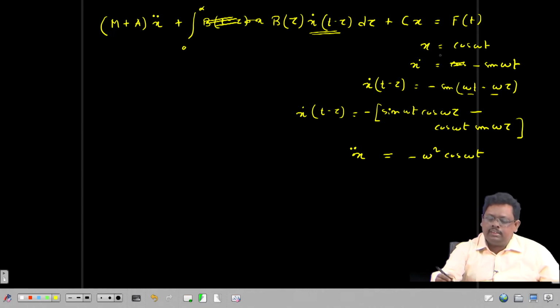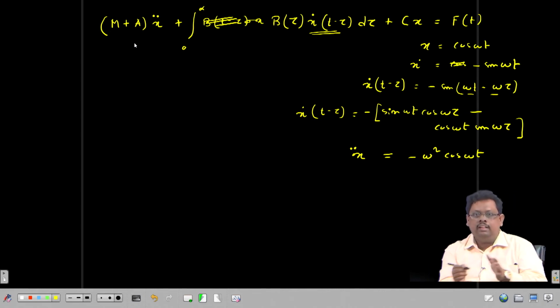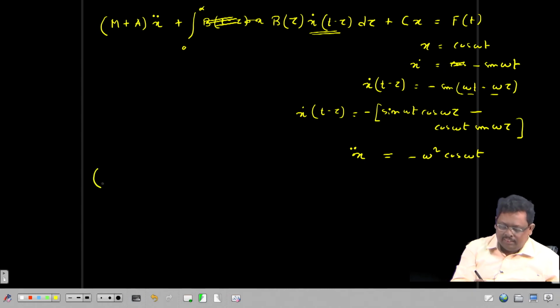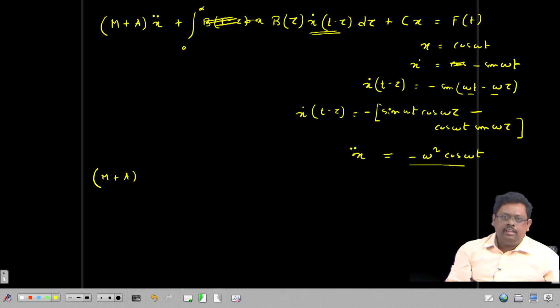Now, I need to substitute the whole thing in this equation of motion. I know this part is a little bit of mathematical jugglery, but at the end we will get a very nice thing. Now, it is m plus a, it should be minus omega square into cos omega t.